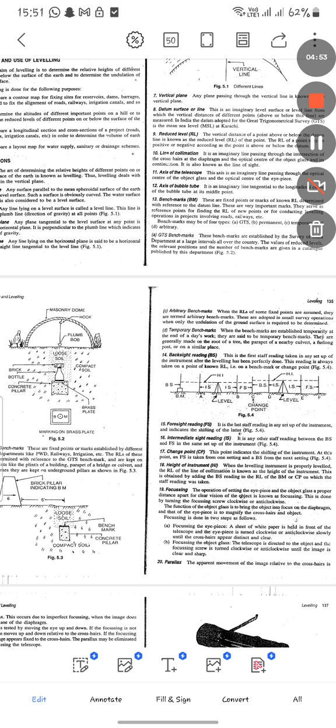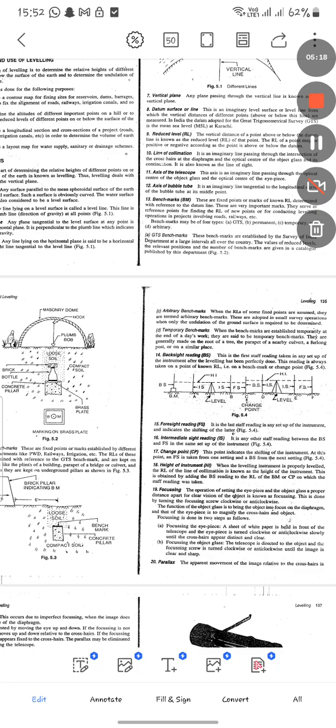Term number 9, reduced level, the RL. The vertical distance of a point above or below the datum line is known as the reduced level. The RL of a point is positive or negative, according to the point above or below the datum.